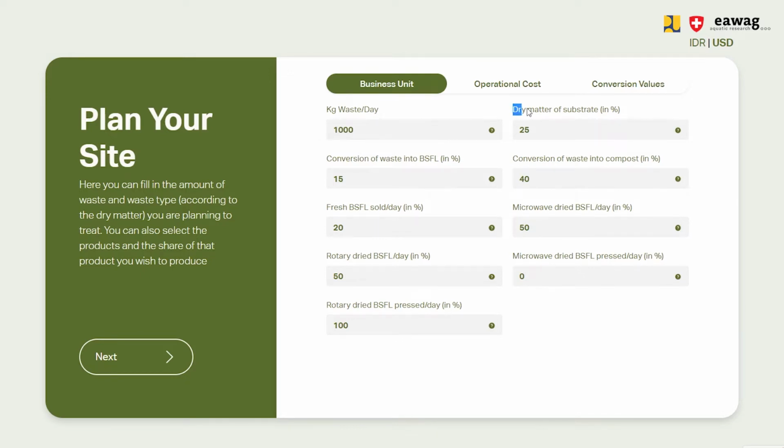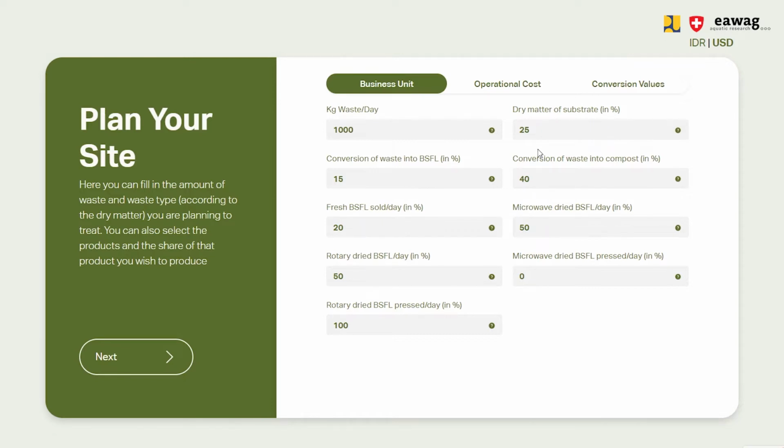Then you fill in the dry matter of the substrate in percentage. Dry matter of the substrate, as mentioned to you in the chapter on BSFL conversion, relates to the water content of the substrate. The lower the water content, the easier the substrate dries out.